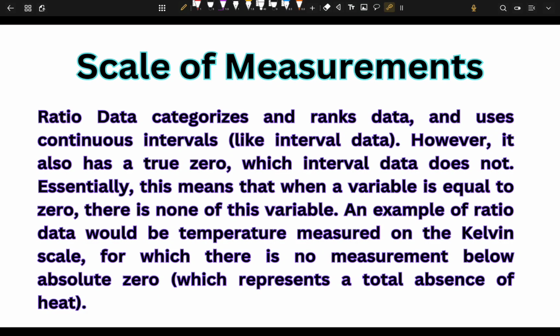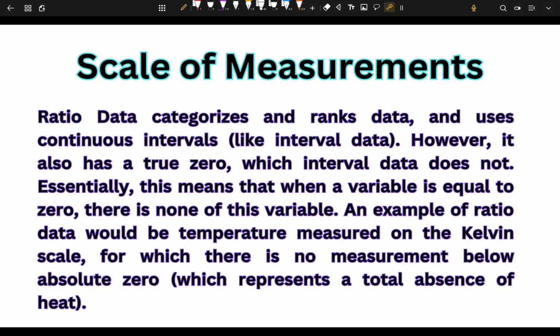However, ang meron po sa kanya is yung true zero, which interval data does not have, di ba? Sa interval data, wala tayong true zero. So, sa ratio data, meron na tayong true zero. Essentially, this means when a variable is equal to 0, there is none of this variable.